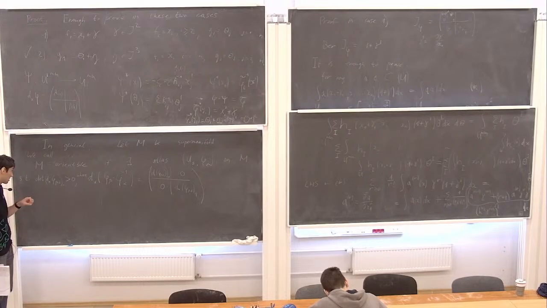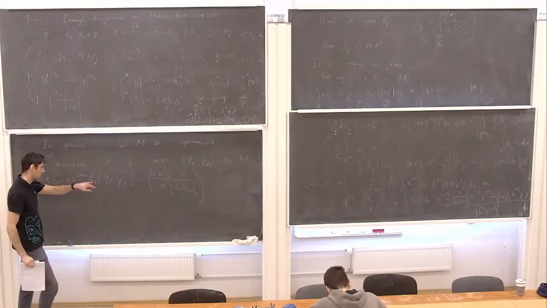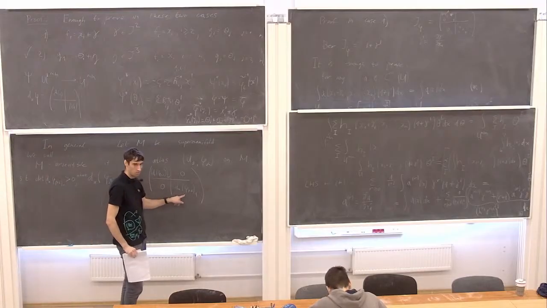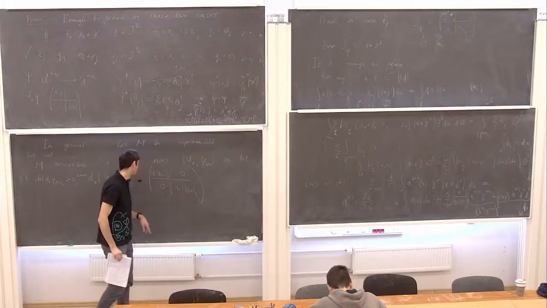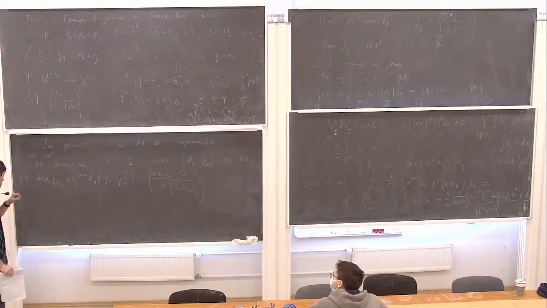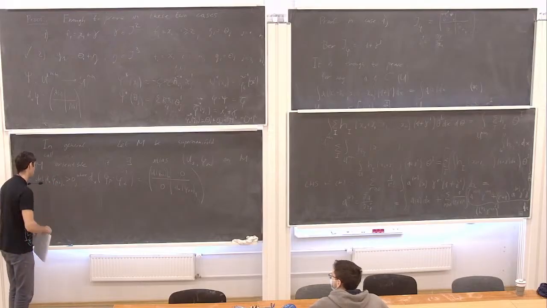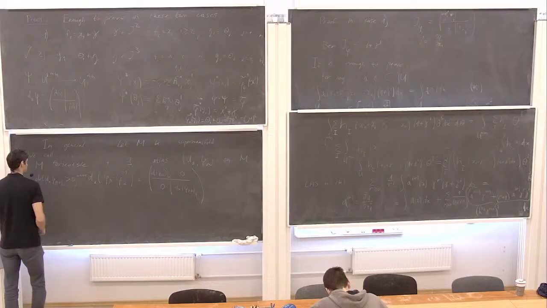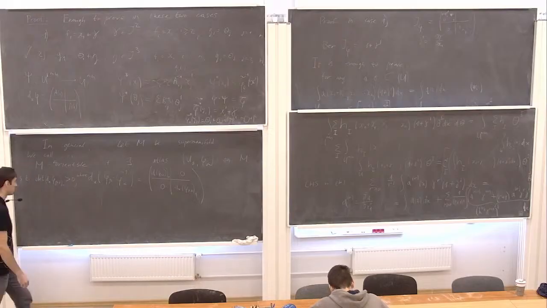There are other choices, like for example, 1-1 orientable, that the determinant of this and the determinant of this are greater than 0, or 0-1. But in our case, orientable by default means it's 1-0. All right.